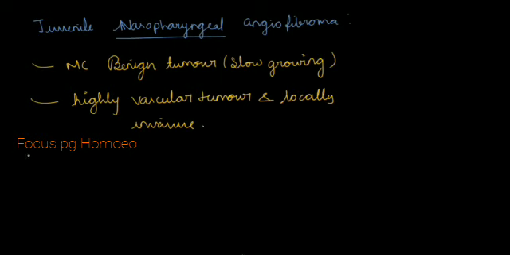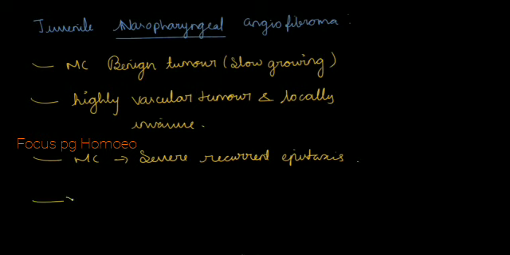And here the most common initial symptom is severe recurrent epistaxis. So this is all regarding it. And in case of X-ray of sinuses, one sign we will get that you have to remember.